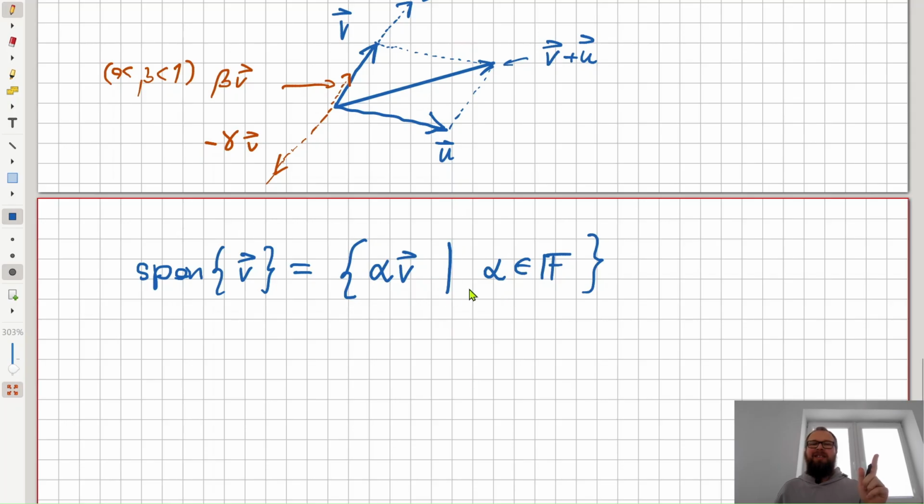This will be the list of conditions after the vertical sign. And the condition is that you take all the scalars from your field, all the real numbers. So you can imagine how would I implement it in my favorite programming language, for example. Python already has sets, which is nice.